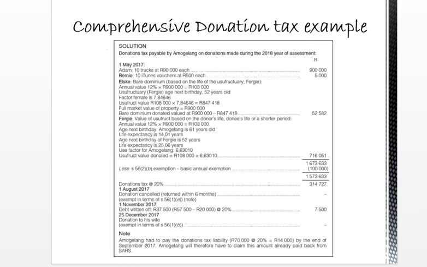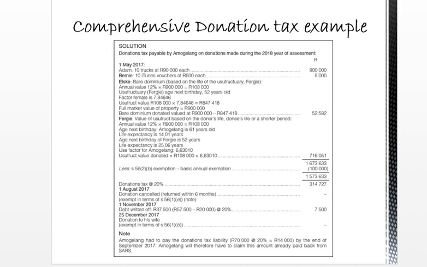Then the donation cancelled because it was returned within 6 months to his son. Then the debt written off, so it's the 37,500 at 20%, so it's 7,500.